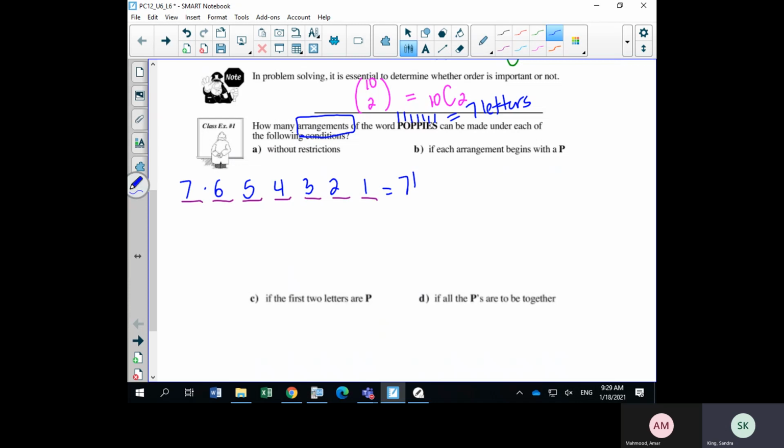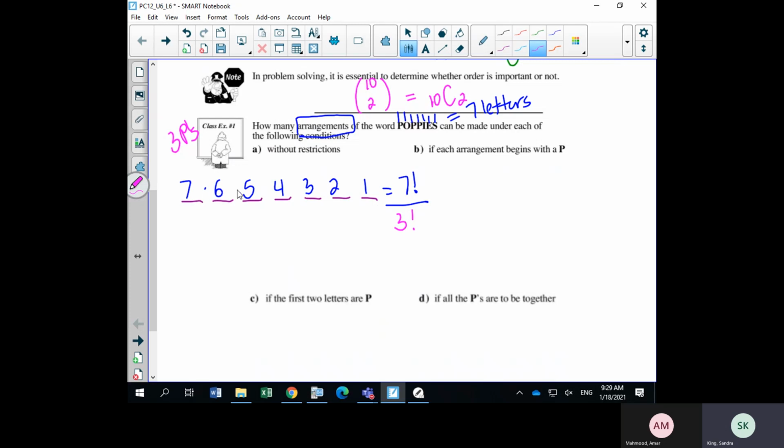So that would be 7 factorial. But then we must always divide by the number of repeats. And in poppies, there are 3 P's. So there are 7 letters total in poppies, and then you divide by those 3 P's.